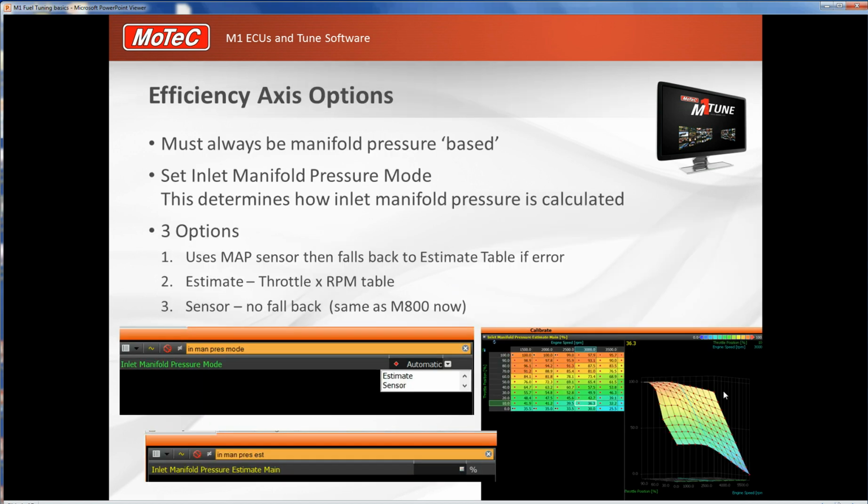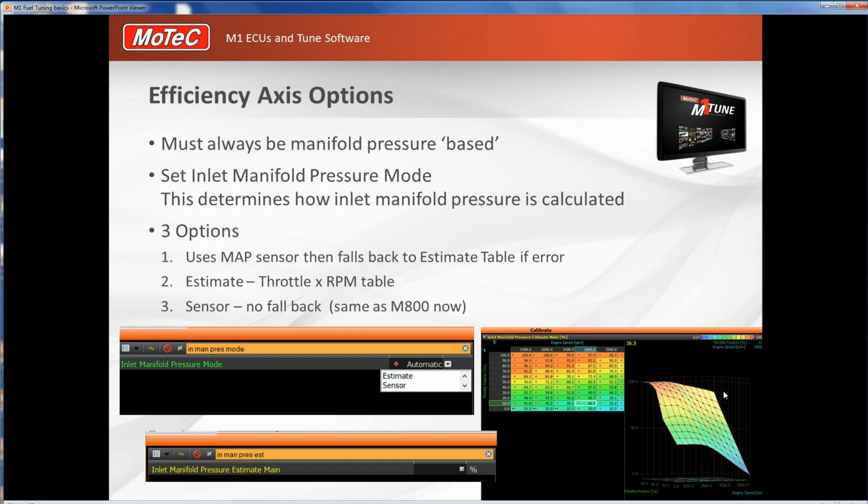Alright, so the engine efficiency axis is always manifold pressure, and it's useful to understand why that is at the beginning. What the M1 is doing is using that efficiency table to calculate airflow through the engine. As an example, if it's a 4-litre engine and the inlet manifold pressure is 50 kPa, it's expecting to get half an atmosphere of air through the engine at an efficiency number of 100%.